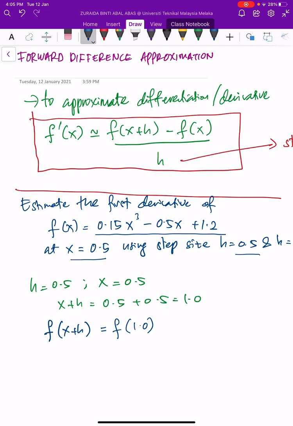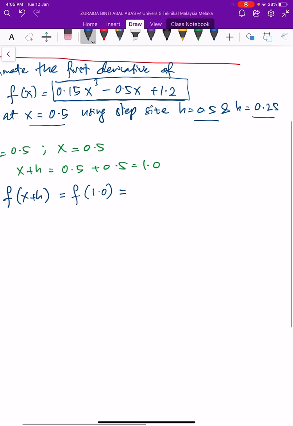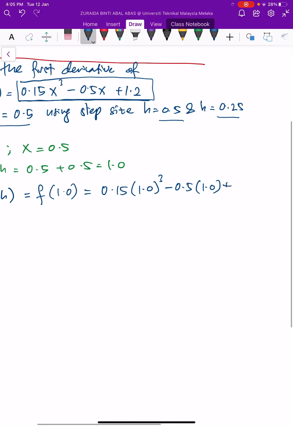Simply plug into the function that we want to find the derivative of. So you will have 0.15 multiplied by 1.0 to the power of 3, minus 0.5 multiplied by 1.0, plus 1.2.